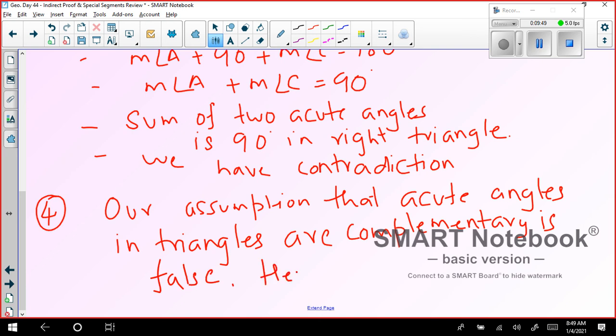Hence, the acute angles in triangles are complementary, in a right triangle to be more precise.